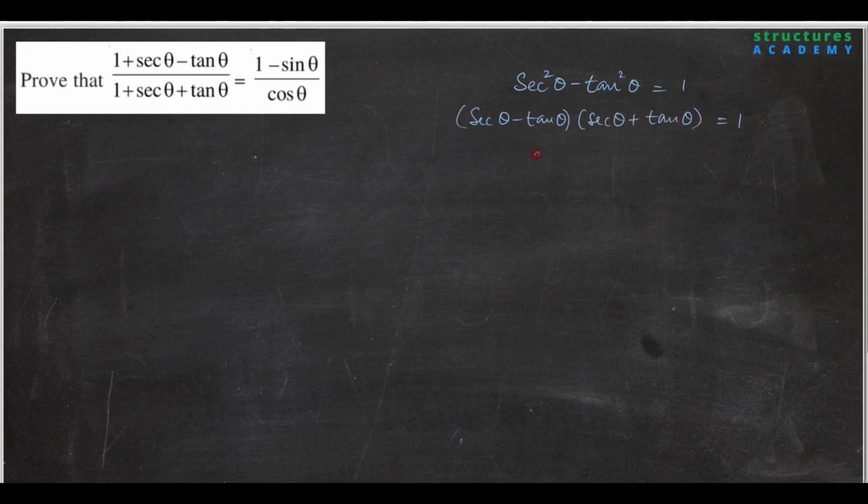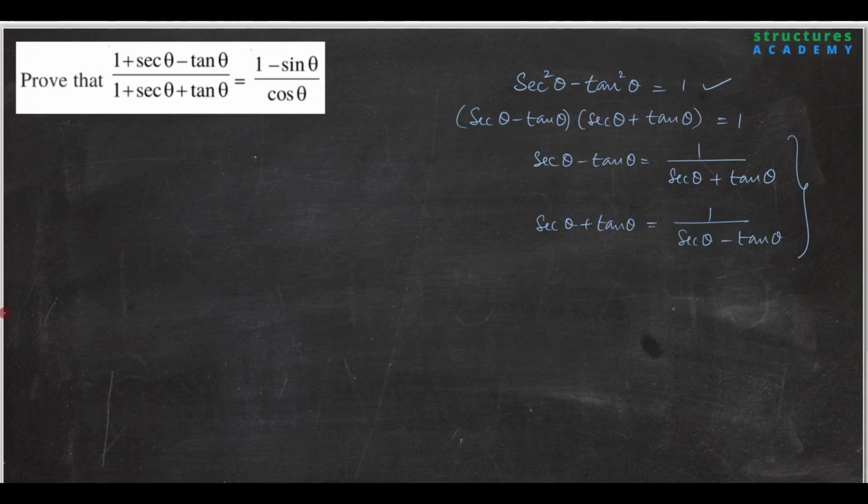This essentially means I can write sec θ − tan θ as 1 upon (sec θ + tan θ), or sec θ + tan θ as the reciprocal of (sec θ − tan θ). Now, this form of expressing this identity proves very helpful in solving such questions.